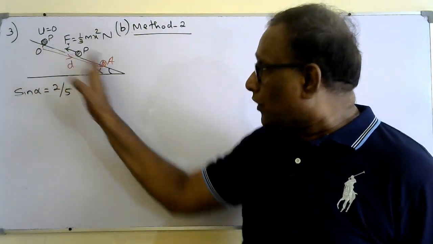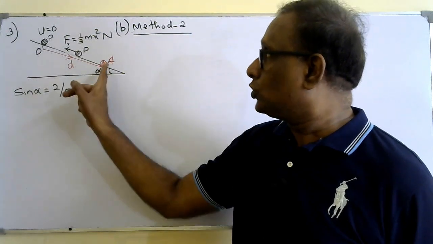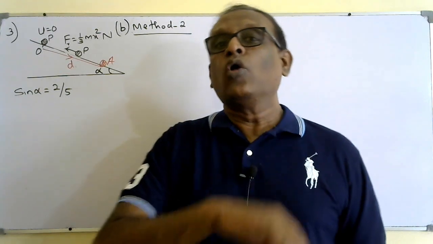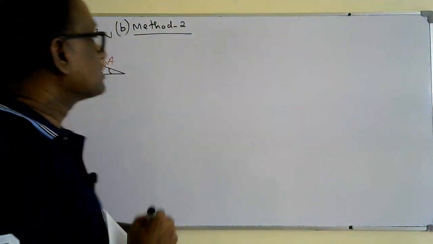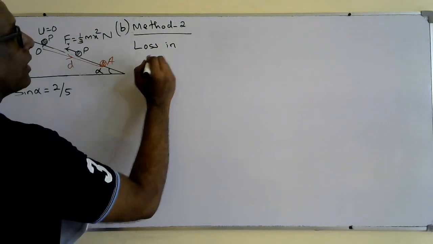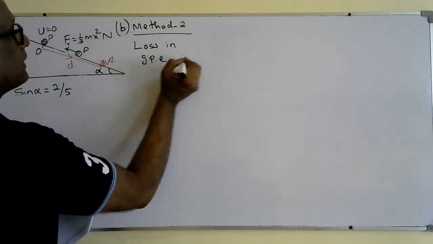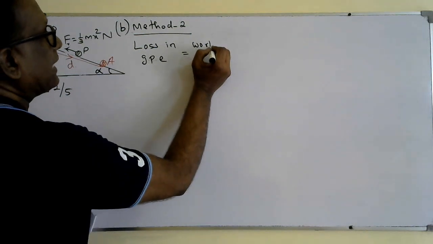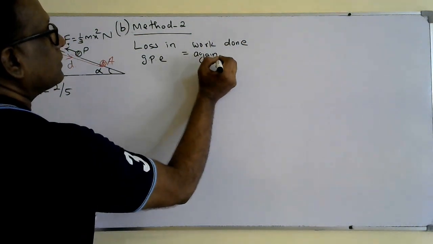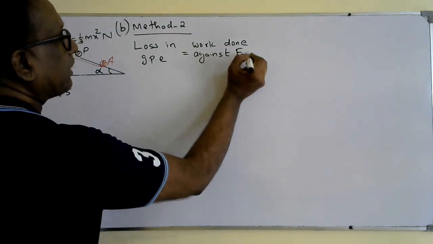So overall, from O to A, loss in gravitational potential energy equals work done against the opposing force. I name it Fr.